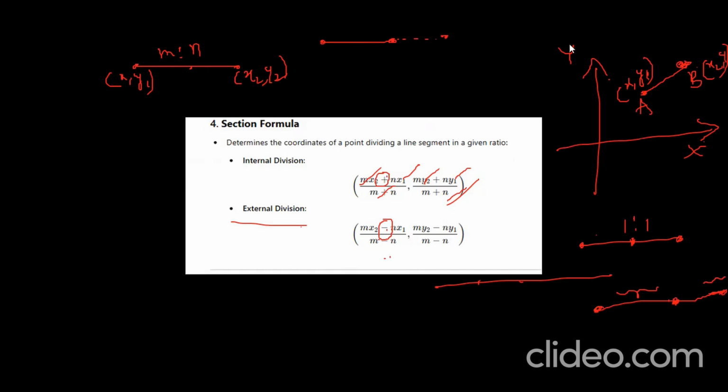Let us observe the midpoint formula. I already told you that these are the 2 points, and it is dividing exactly in the middle, in the equal ratio. These are the coordinates x1, y1 and x2, y2. This is the midpoint.